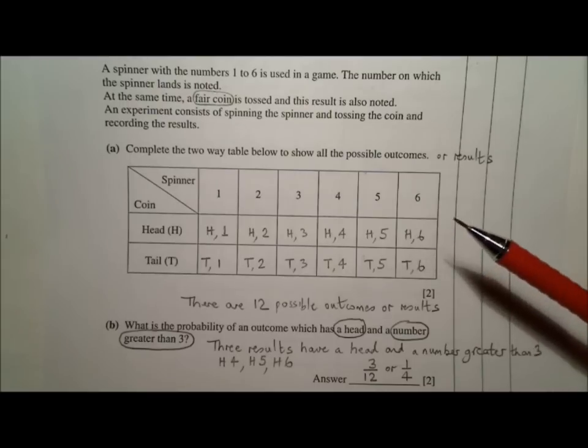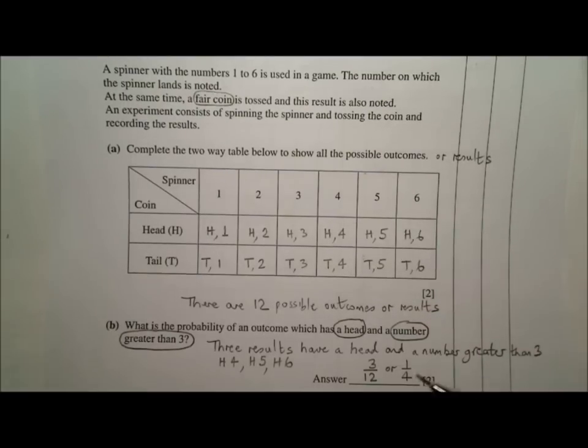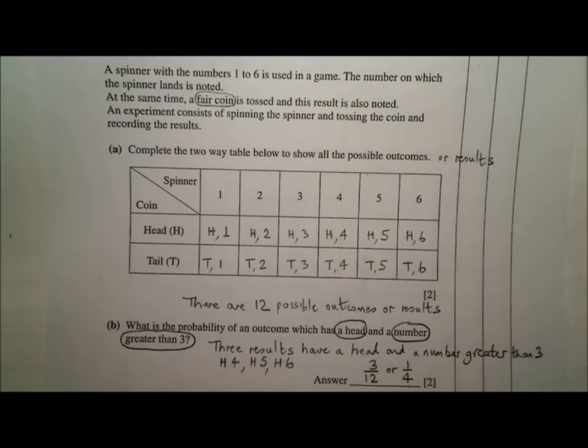So that's 4, 5 and 6. So we've got head 4, head 5 and head 6. So there's 3 results that meet that requirement, and the answer then is 3 out of 12 is the probability of getting that result. You can simplify that to 1/4, but either of those answers will give you the 2 marks.